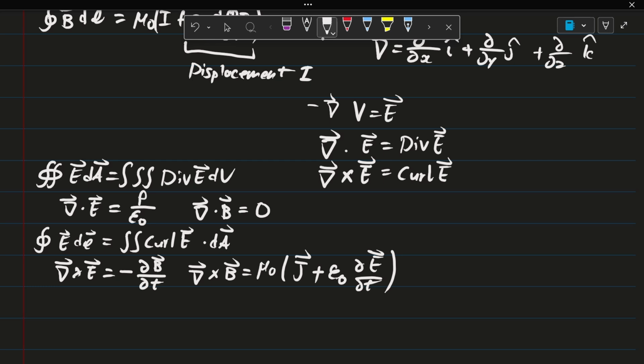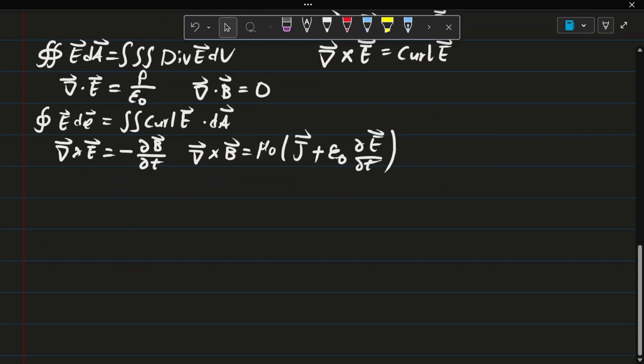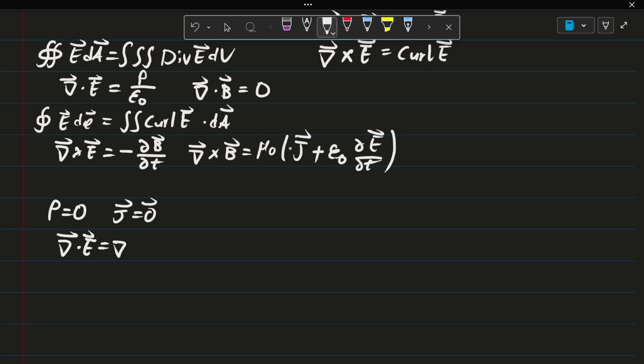So with Maxwell's laws, we could try to visualize them in a vacuum in which there are no particles, no charge densities, and no current, and see what will happen to our equations. You could do this for the integral form or the differential form, which I will do in this video. So if we assume the charge density to be 0 and also our current to be 0, the divergence of both the electric field and the magnetic field will be 0.